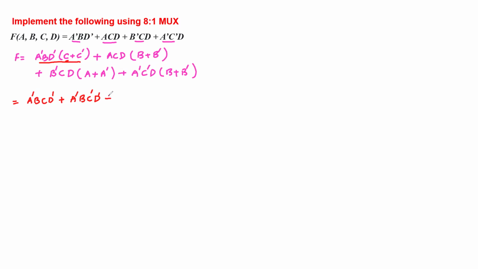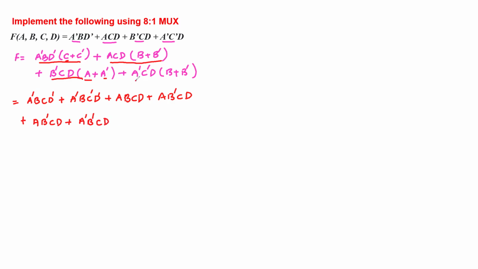Then we'll expand this one: it is A B C D, or A B bar C D. Then for this one, we write A B bar C D, or A bar B bar C D.